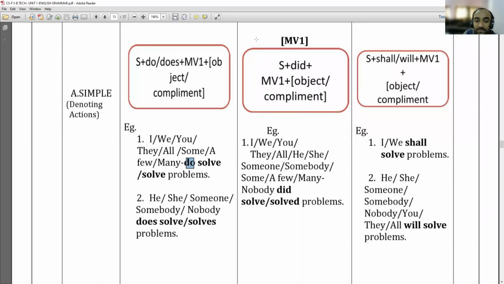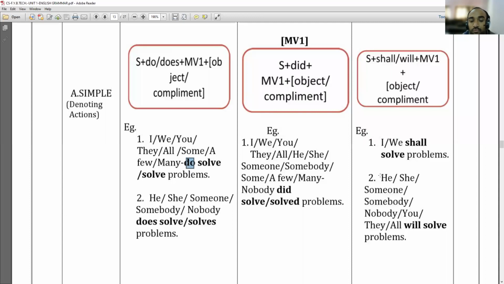We can use do also, but it does not become that much impressive. Okay. I solve problems. This is the impressive sentence. I do solve problems. When we are asserting something, then we have to use it. Okay. I do solve problems. You can use any structure. Okay.